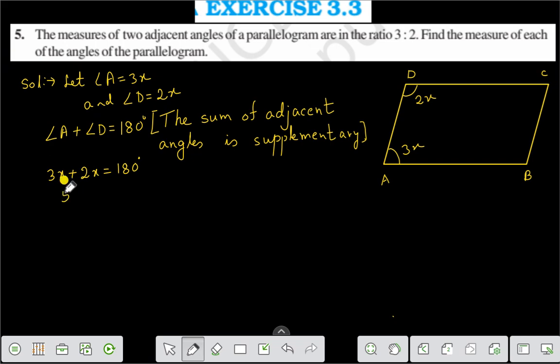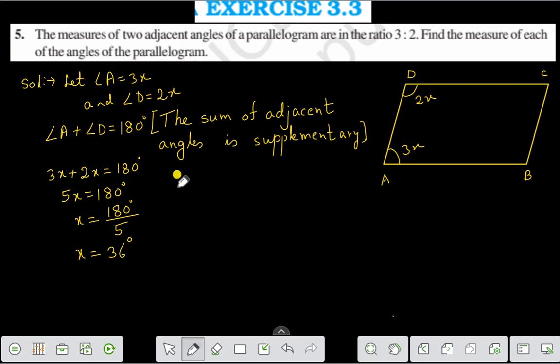Therefore 5x is equal to 180 degrees, or you can say x is equal to 180 degrees divided by 5. 5 3s are 15, 5 6s are 30, 36 degrees. Therefore, the value of x is equal to 36 degrees.